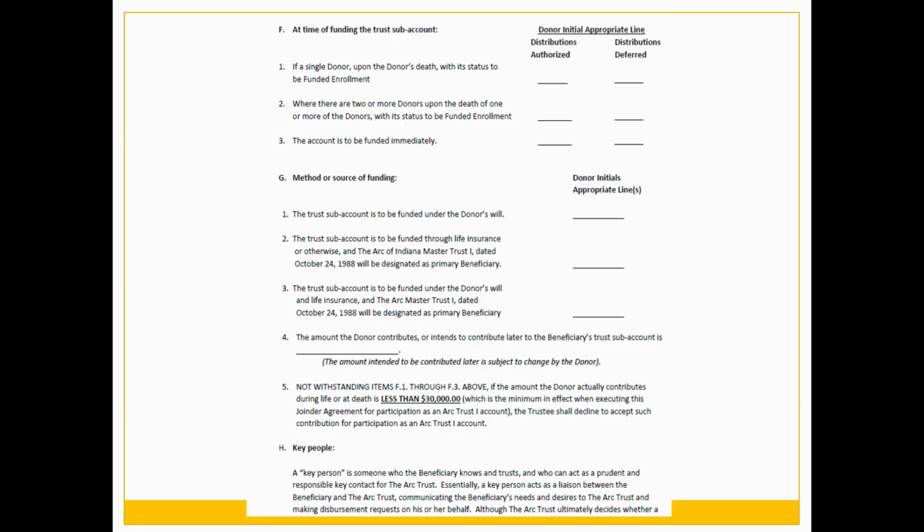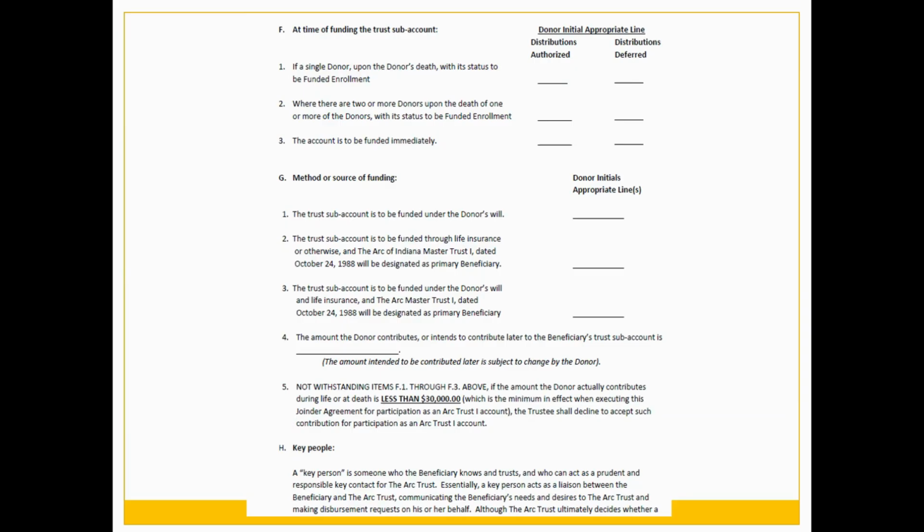Or if for any reason there should be a hold on disbursements made from the trust once it is funded, that would be known as deferred. Sometimes individuals will want disbursements to be put on hold until a certain year, time, or age of the beneficiary. If the donors do want the beneficiary to be able to utilize the funds in the trust once the trust is funded, it would be best to initial under distributions authorized.